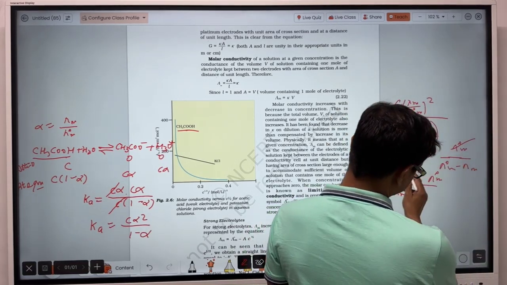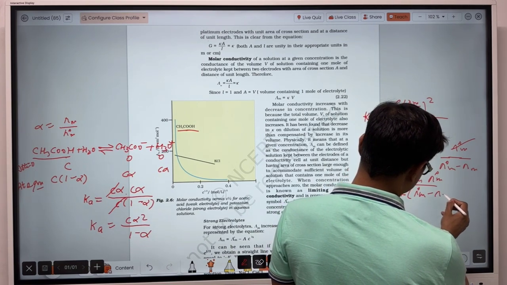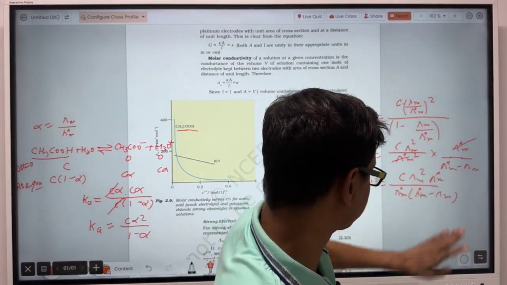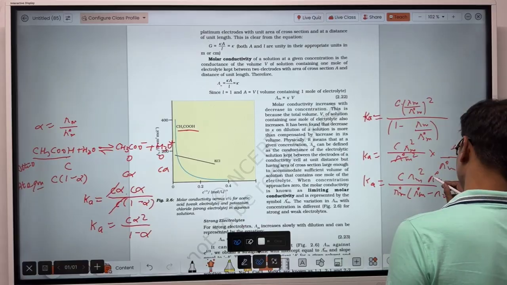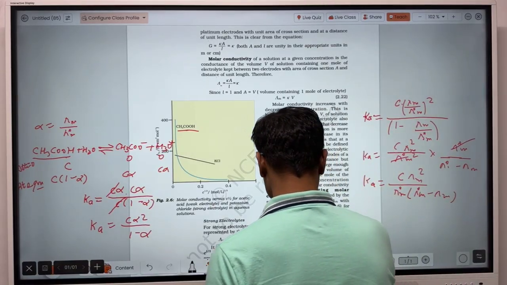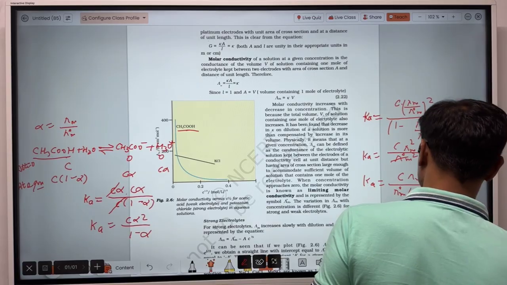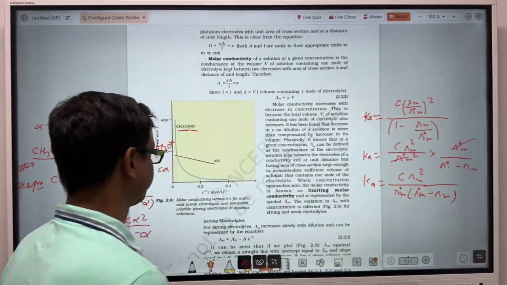So what is left is lambda degree m into lambda degree m minus lambda m. So Ka is equal to C lambda m squared upon lambda degree m into lambda degree m minus lambda m. That is the relationship.